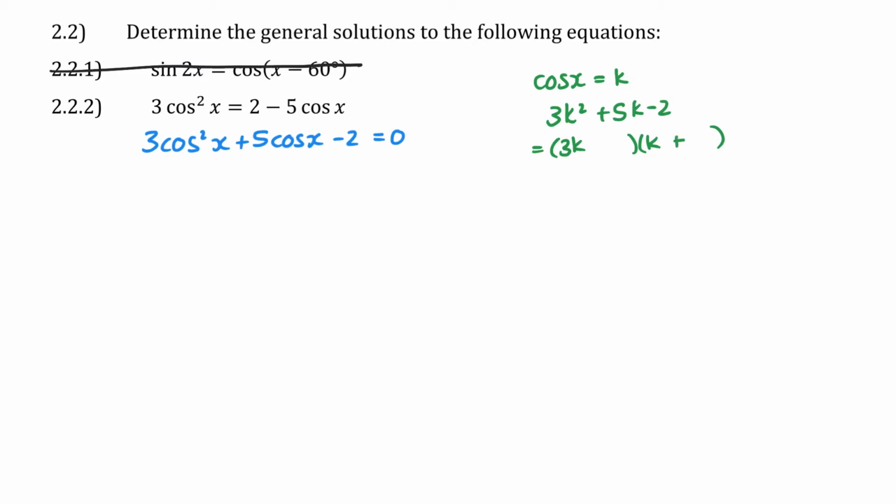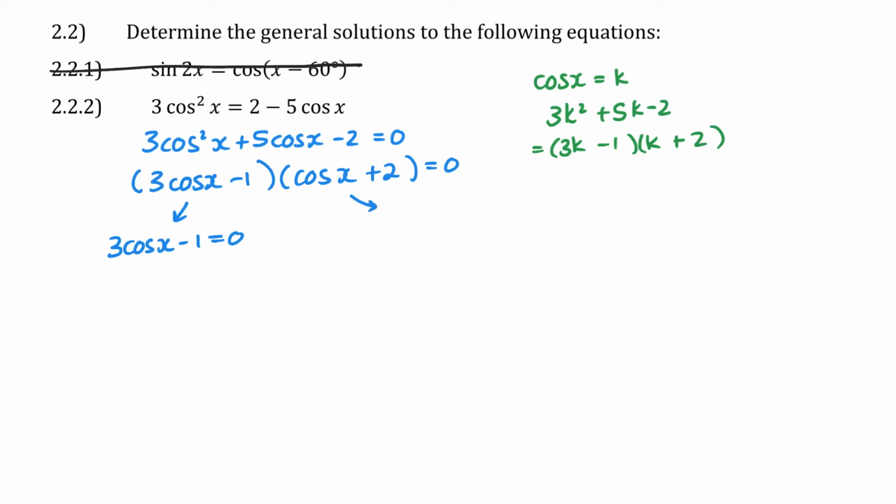I'll have to have plus 2 and minus 1. So if I factorize that with coses, 3 cos x minus 1 multiplied by cos x plus 2 is 0. So either 3 cos x minus 1 is 0, or cos x plus 2 is 0.